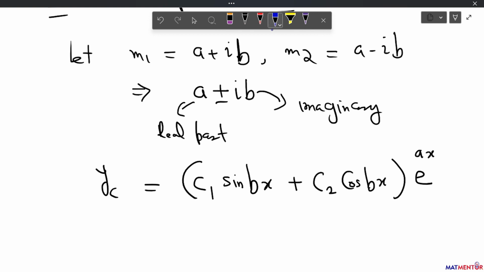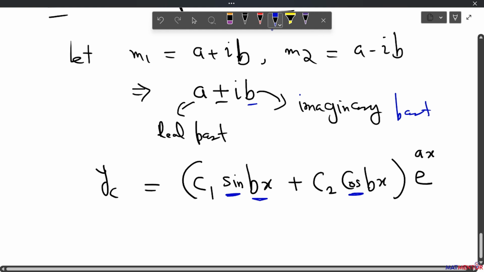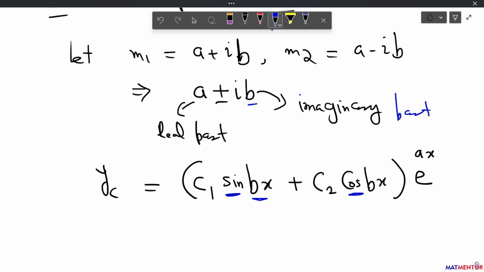So what I did here, I picked sine and cos, and this is the imaginary part of the root. Okay, so this will go into the angle of sine and cos. So imaginary part is b, it will become sine bx, and cos bx. So I will take one constant with sine and the other constant with cos, and then the real part will go into the power of the exponential.